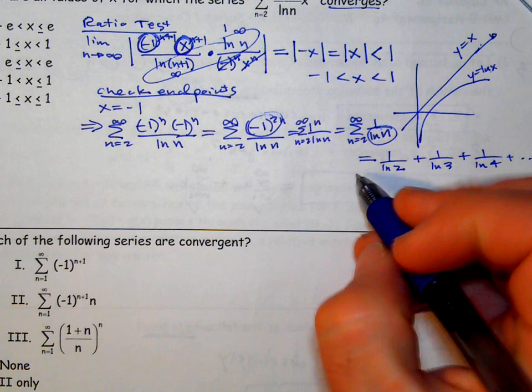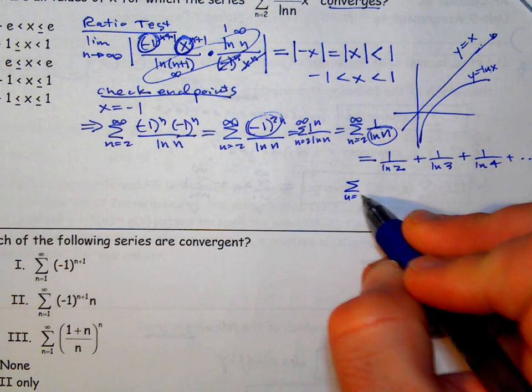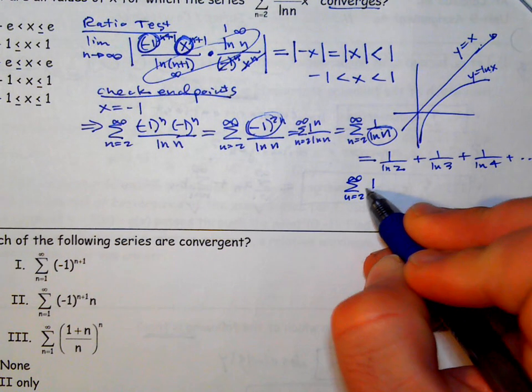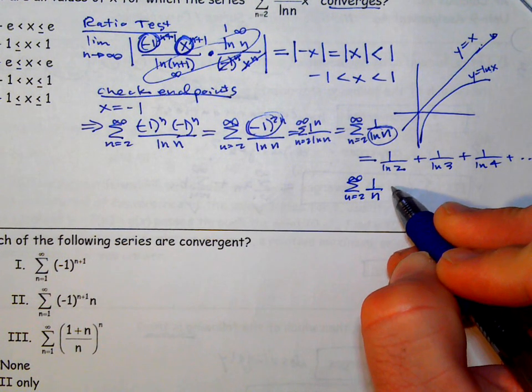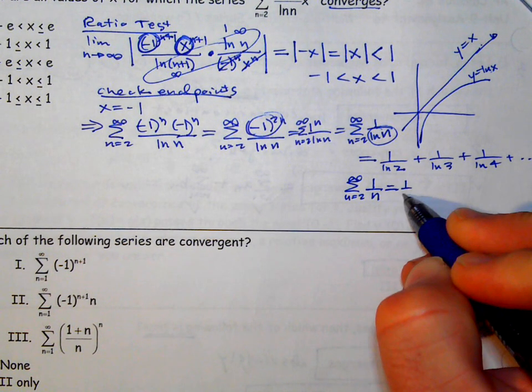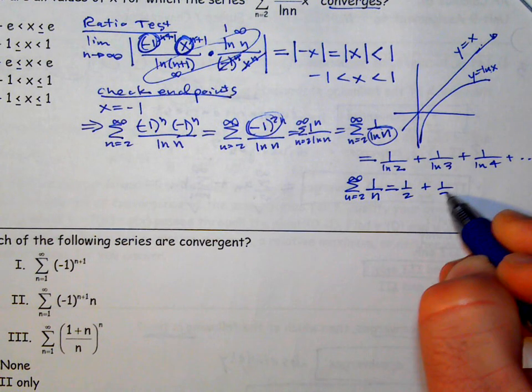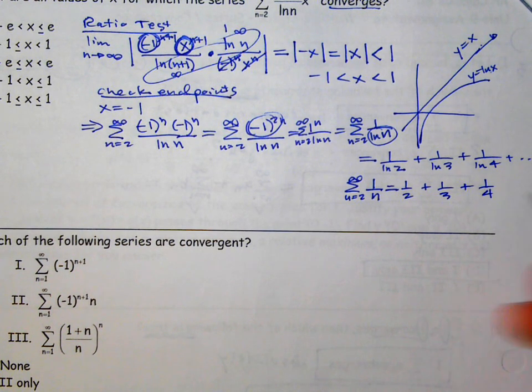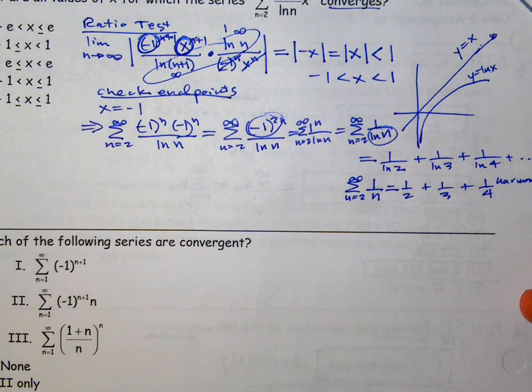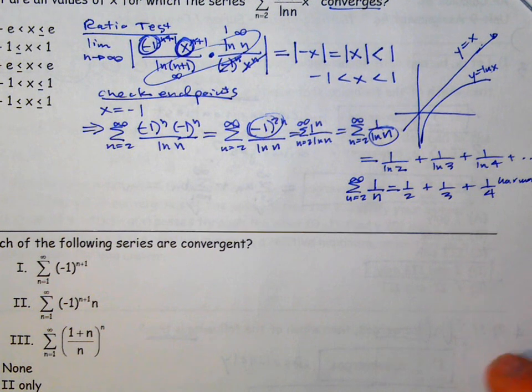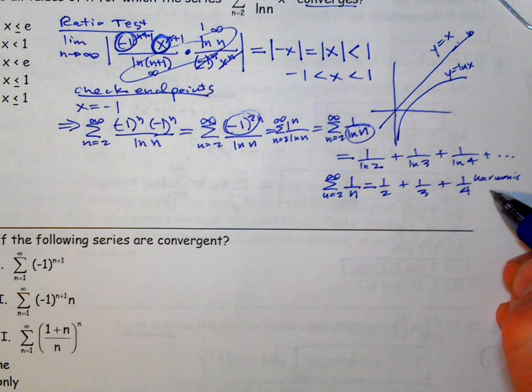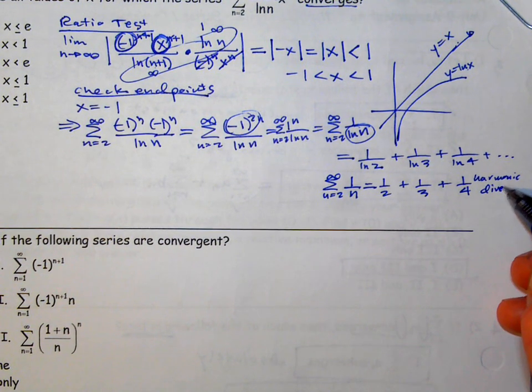And the other one, starting at n equals 2, would be 1 over n: 1 over 2, 1 over 3, 1 over 4. It's a harmonic series, or p-series with p value of 1. We do the integral test, and this one diverges.